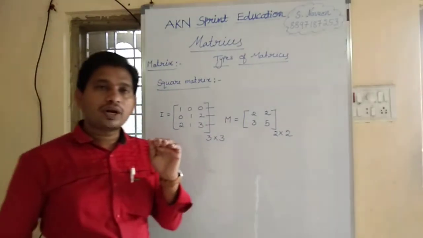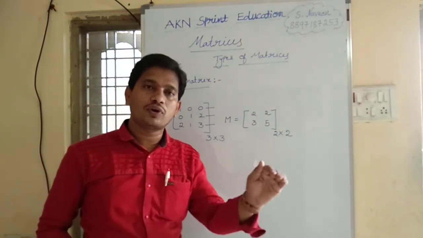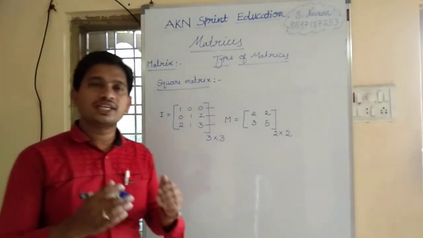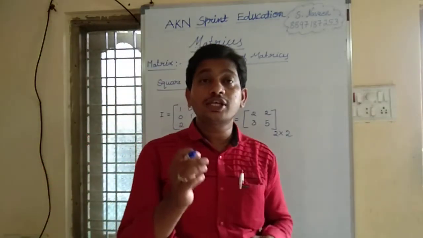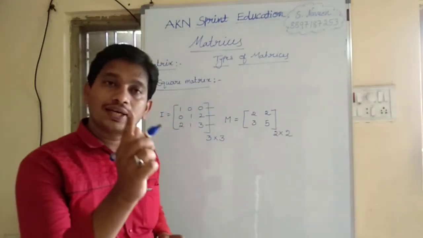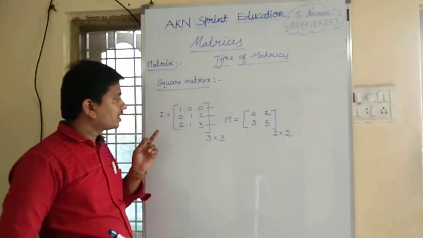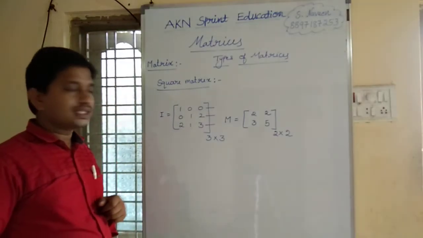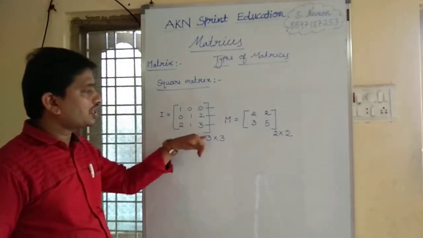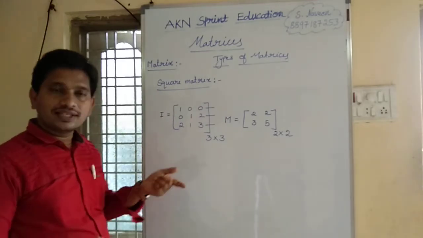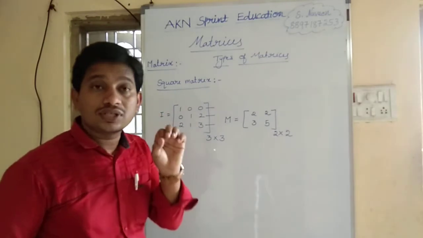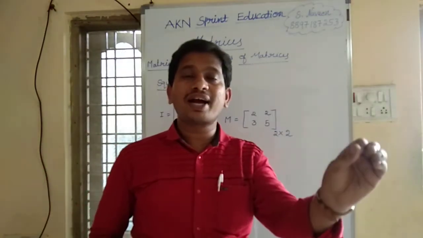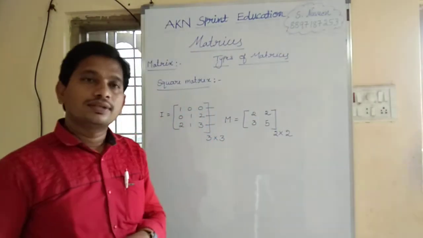The number of rows is equal to the number of columns. When can we say that a matrix is a square matrix? If the number of rows is equal to the number of columns. Yes children, here we have three rows and three columns, hence I is a square matrix.